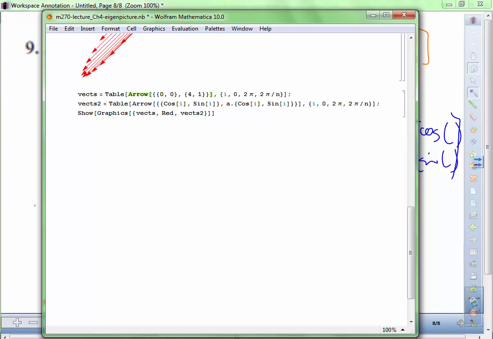Actually, yeah. So actually you don't need a table for this. And then, sorry for all this weird looking code.